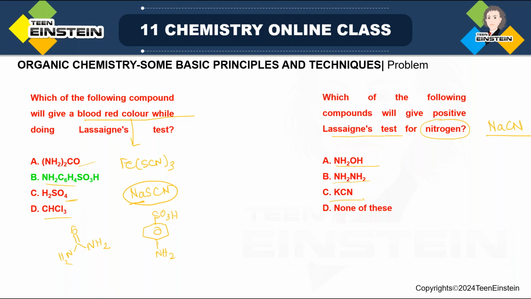But we have KCN. So KCN is basically already in the form of NaCN, just instead of Na we have K. So if you do the fusion test with this compound, it may be converted to NaCN. Even if it is not converted, if you do the test directly with KCN solution, then also you will get the positive test.